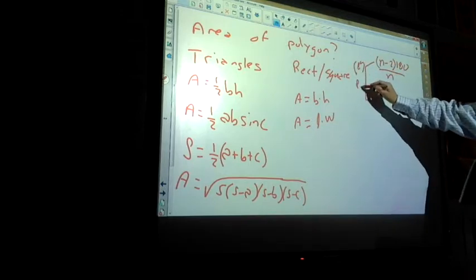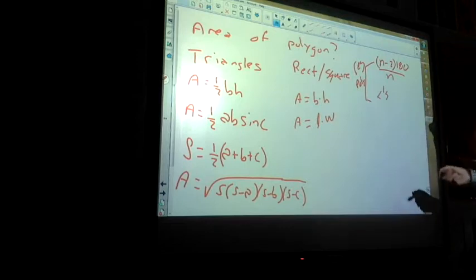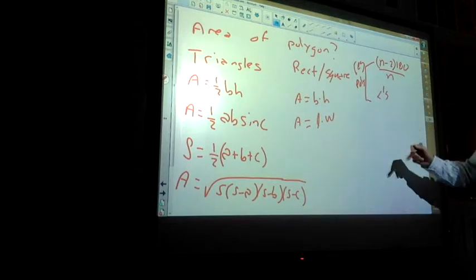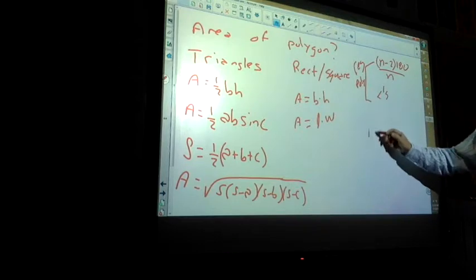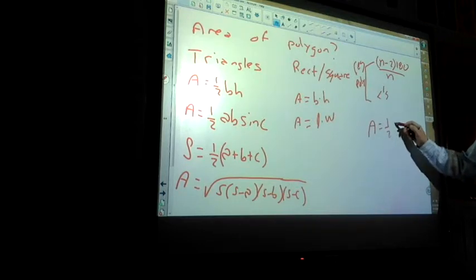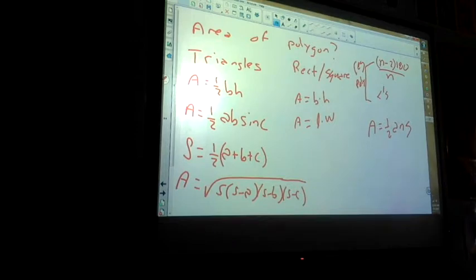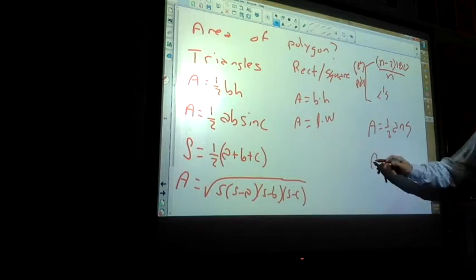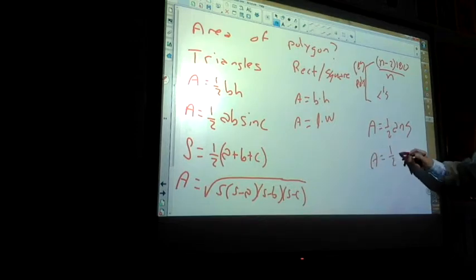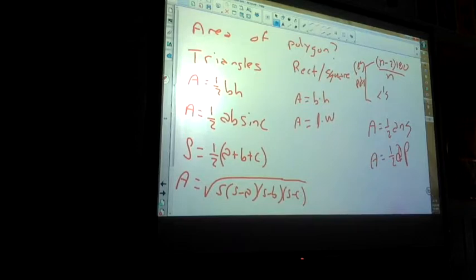Okay, regular polygon. I have the hiccups, excuse me. n minus 2 times 180 divided by n. Find the angles, and then you work it into figure out 1/2 aNs, or some teachers prefer to say ap, for p as being the perimeter, and perimeter is n times s. So those are some things. Okay?